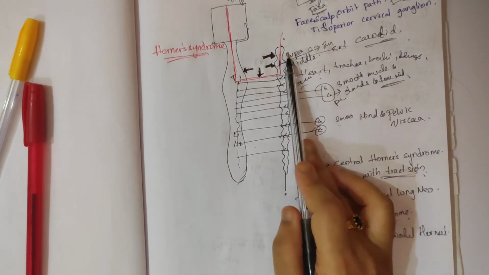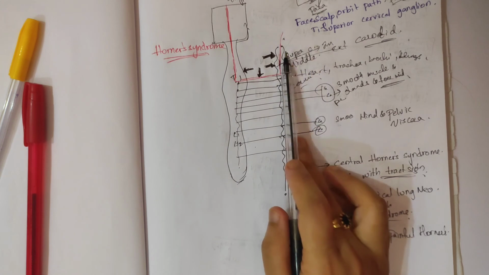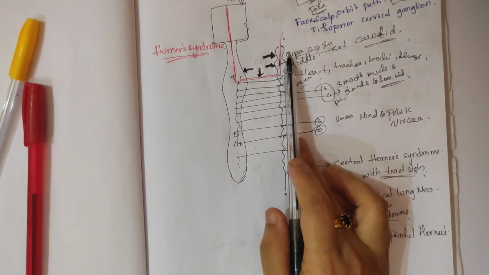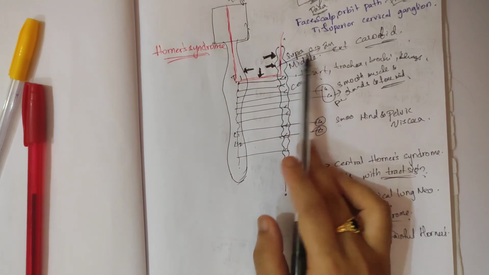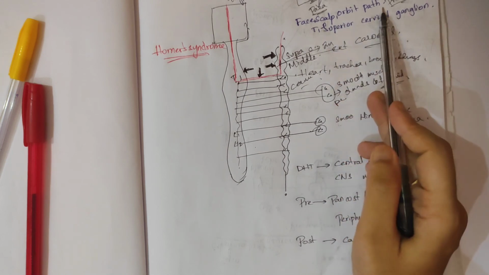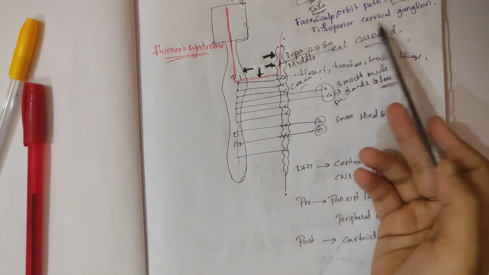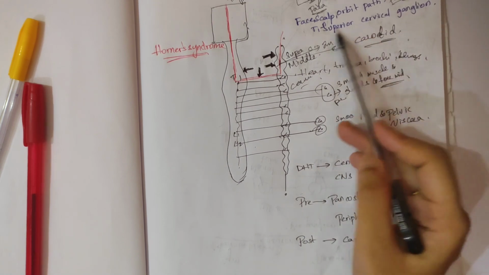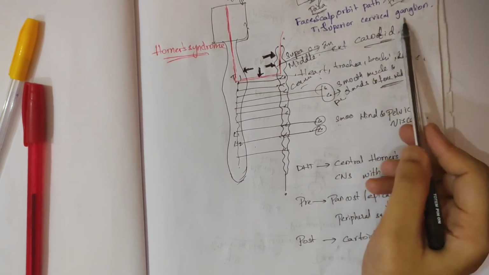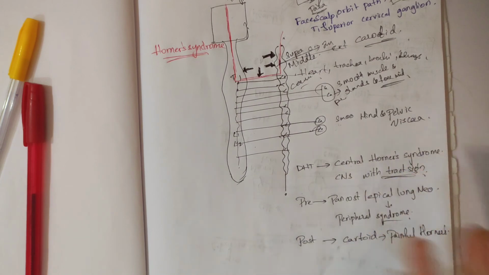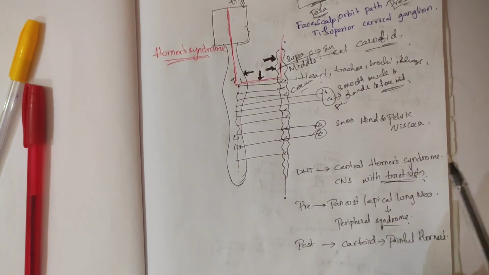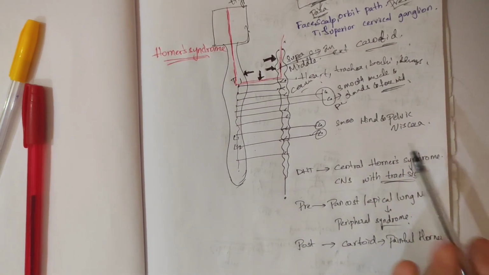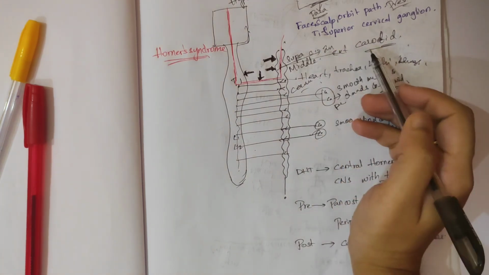Next one is this one, that is if a patient has a lesion here, from T1 to cervical ganglia, the patient might have some changes in face, scalp, orbit, that is from T1 to the superior cervical ganglion. What does this superior cervical ganglion do? This elevates the eye muscles due to this sympathetic innervation.